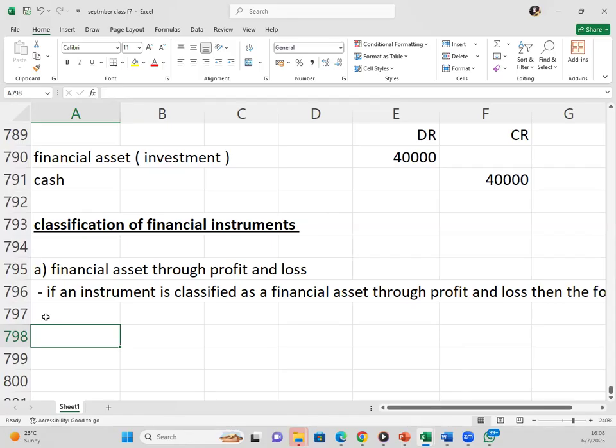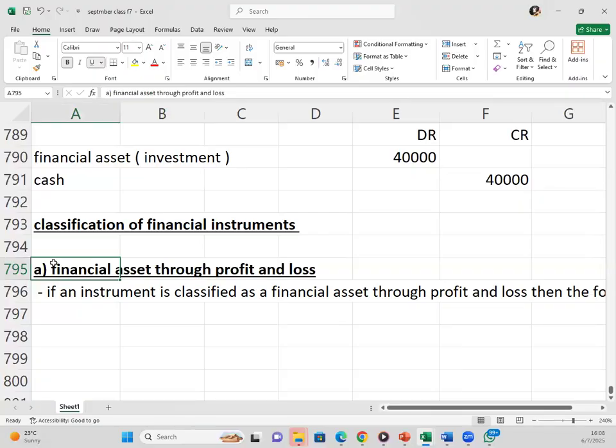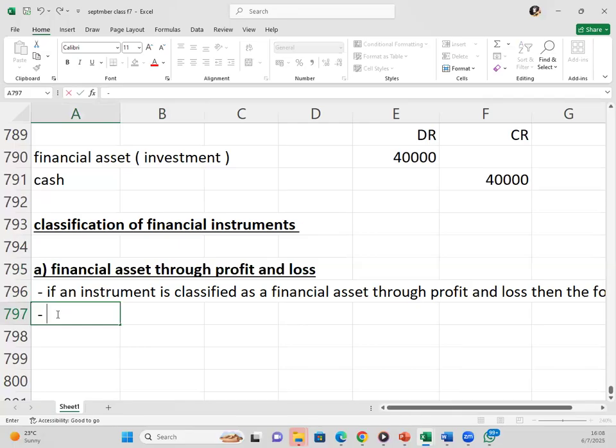So to us, it's a financial asset. But that financial asset can be classified as financial asset through profit and loss. I'll talk about on what grounds we use to say this one should be a financial asset through profit and loss or not. But if an instrument has been said to be a financial asset through profit and loss, number one, it is initially recorded at its cost.